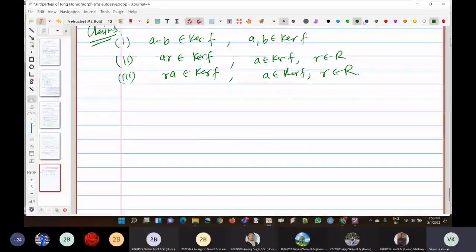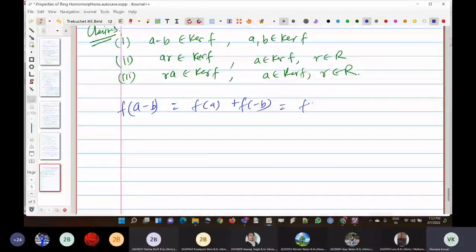So for the first part, it is very easy to see that if we take A minus B, then f of A minus B, because f is a homomorphism, we can write f of A plus f of negative B, like this.